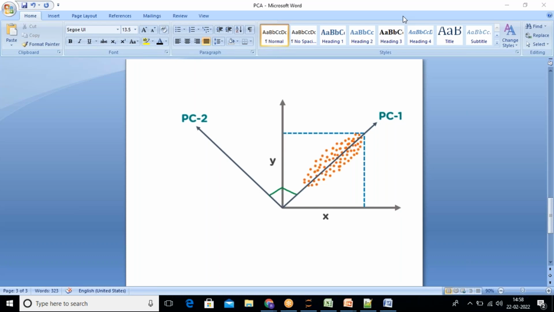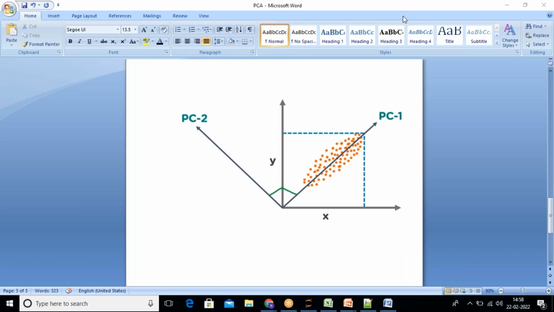Remember that when we are removing features, there might be information loss, but PCA minimizes information loss. It helps us find the most significant features in a data set and makes the data easy for plotting in 2D and 3D.